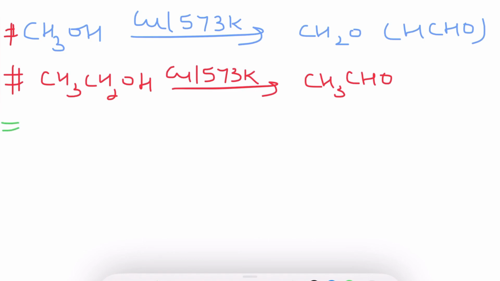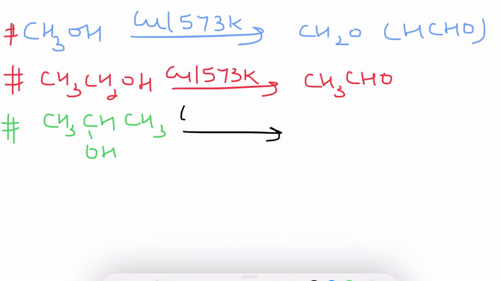Now let's switch to secondary alcohol. CH3CHOHCH3. This one is isopropyl alcohol, or you can also call it sec-propyl alcohol. So this sec-propyl alcohol in the presence of copper at 573 Kelvin results in dehydrogenation, that is the loss of these hydrogens, and finally it forms ketone as the major product here.